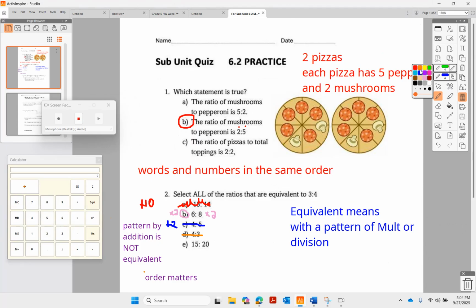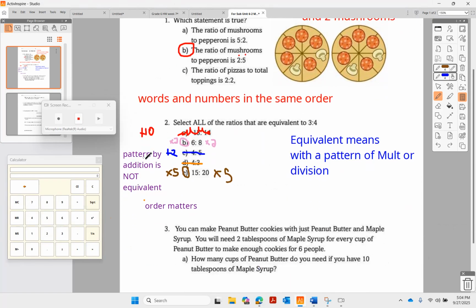Let's just do brown. So how do I get 3 to 15? Ooh, I'm multiplying by 5. And 4 times 5 is 20. So that one is equivalent. So I got this down, got some notes here. Might want to write these down. Use them on your test, on your quiz.